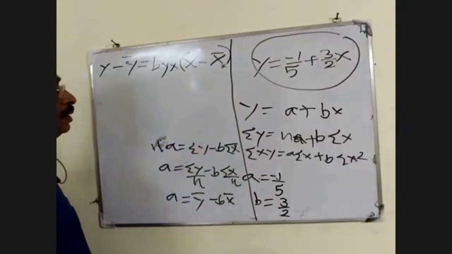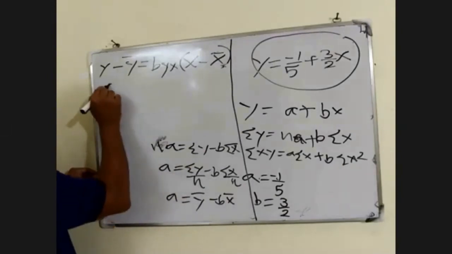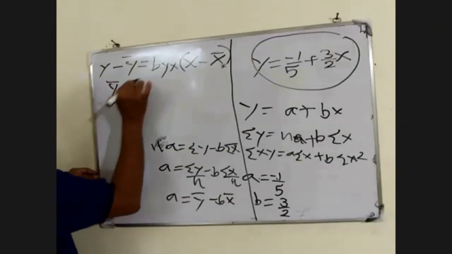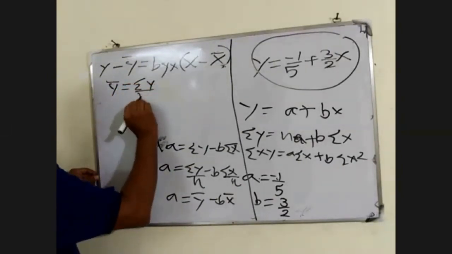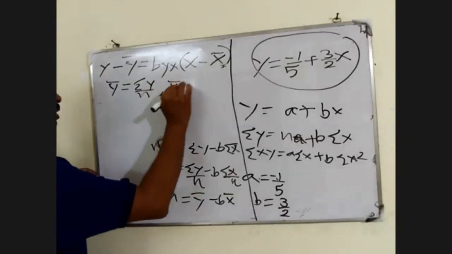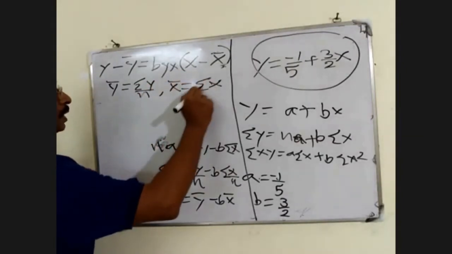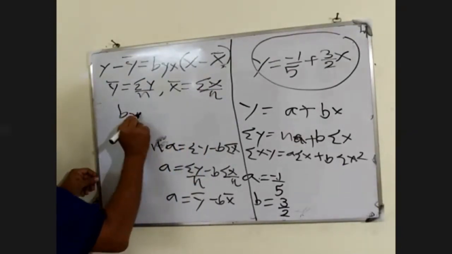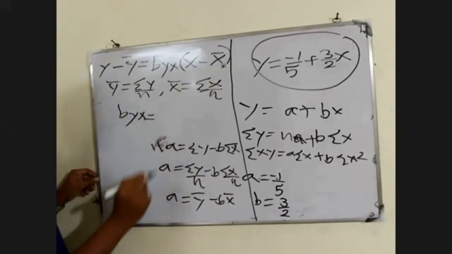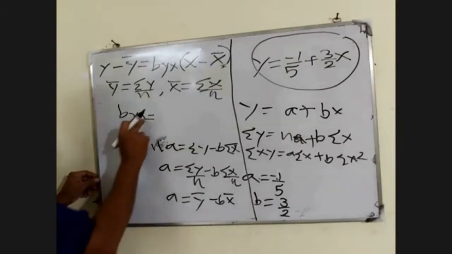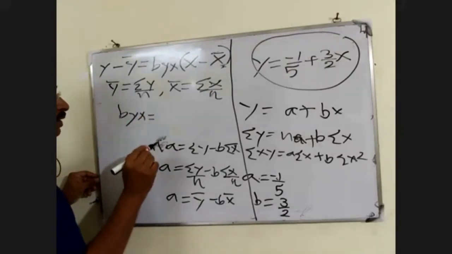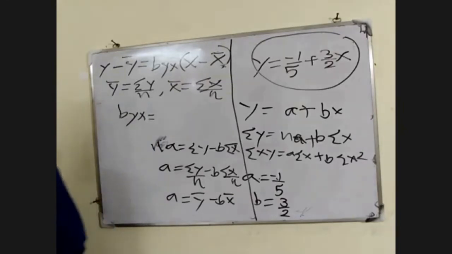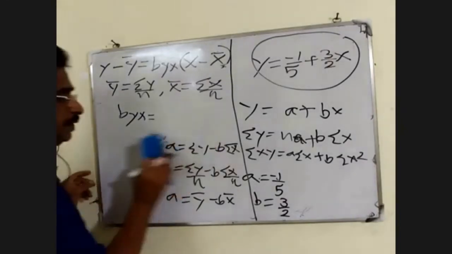Here y bar is equal to sigma y by n, the arithmetic mean, and x bar is equal to sigma x by n, and there is a formula for byx, because after solving we get this equation.